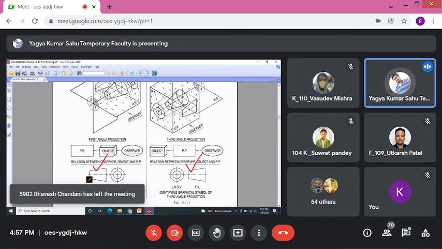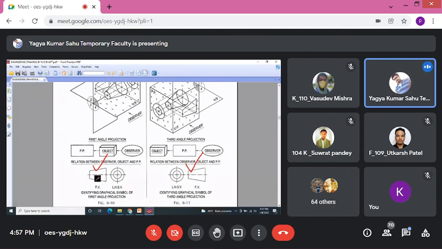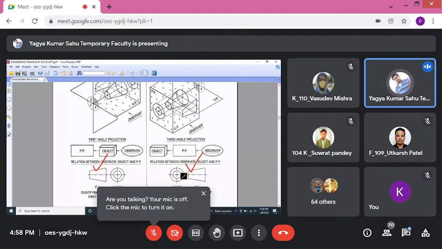This is nothing but the front view of the frustum of a cone, and this is nothing but the left hand side view of the frustum. This question can be asked in MCQ also or in the viva also: draw the symbol of first angle projection and third angle projection, and name the views also. What are the views used in the symbol of first angle projection? Those are the front view and left hand side view of a frustum of a cone.